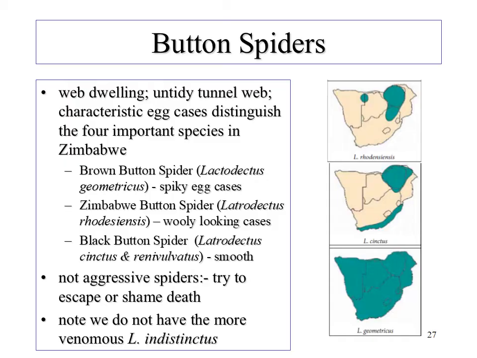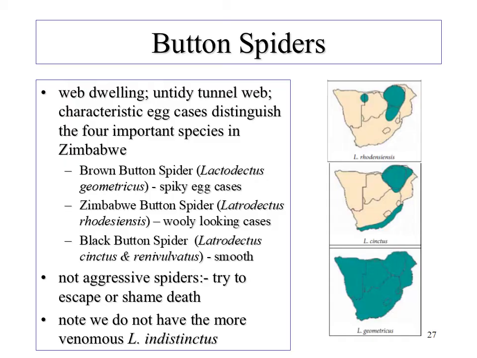And of note here, Latrodectus indistinctus or mactans, which is the black widow that we see in the movies with a very, very potent venom, is not found in Zimbabwe, actually. And the black widows that we do have are these two, which I have talked about, cinctus and renovatus.